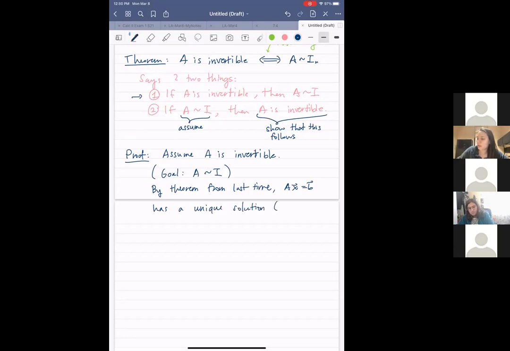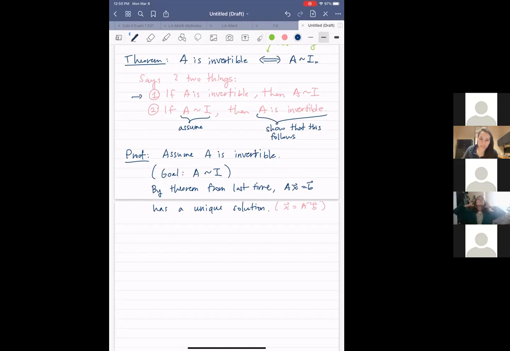Remember that we even were able to write it down, so that unique solution was A inverse times b, right? Okay, so that's how we know it has a unique solution, because in every case, we can just write it down. So this has a unique solution for every b.